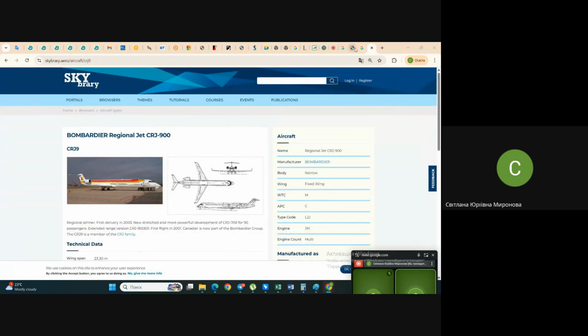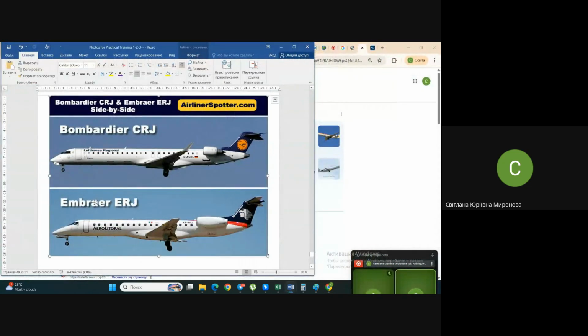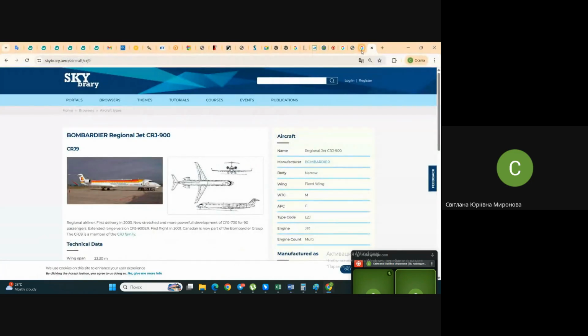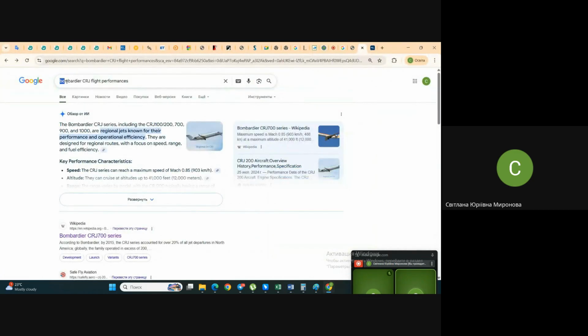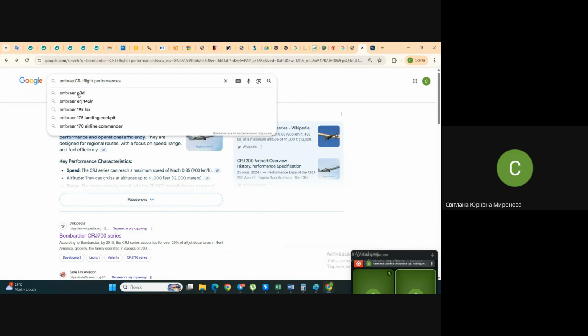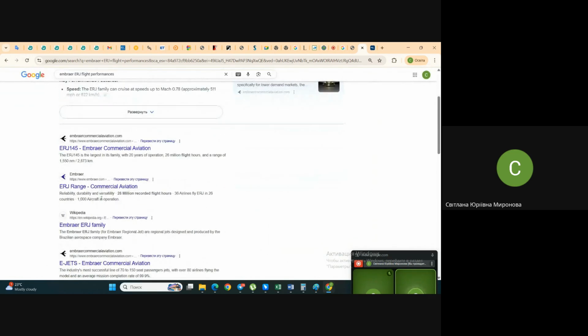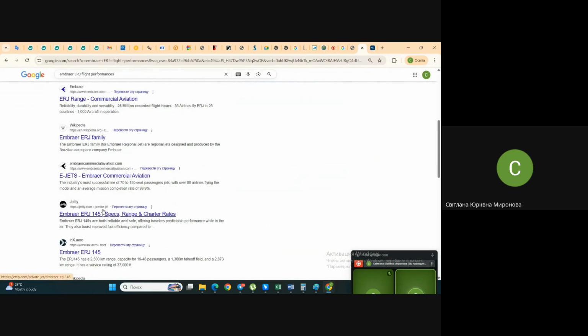And one more, it was Embraer E-Jet. Embraer E-Jet flight performances. Maybe find the same resource for it.